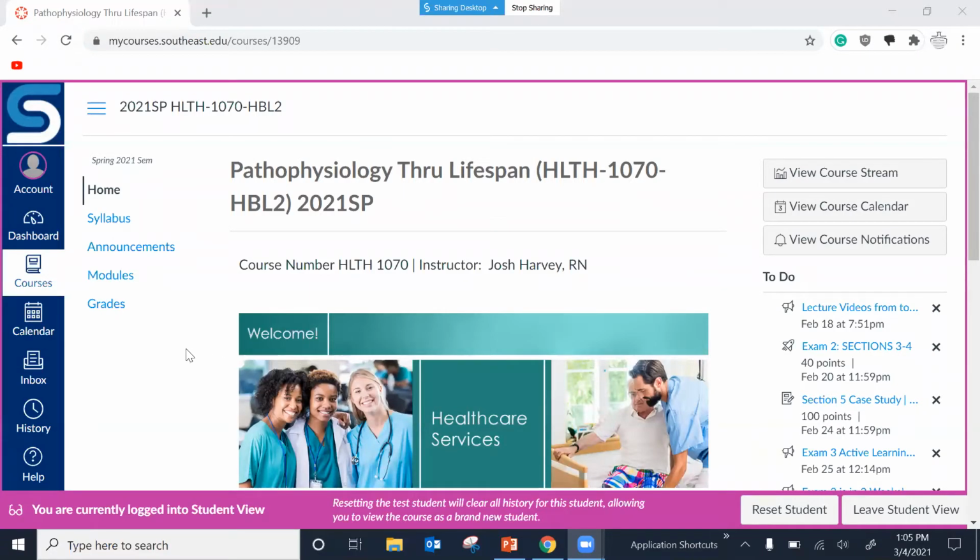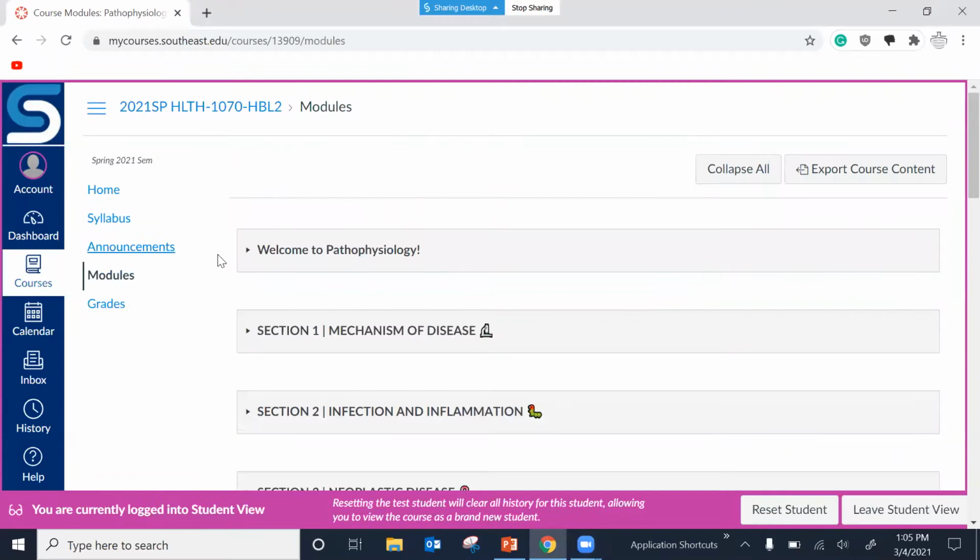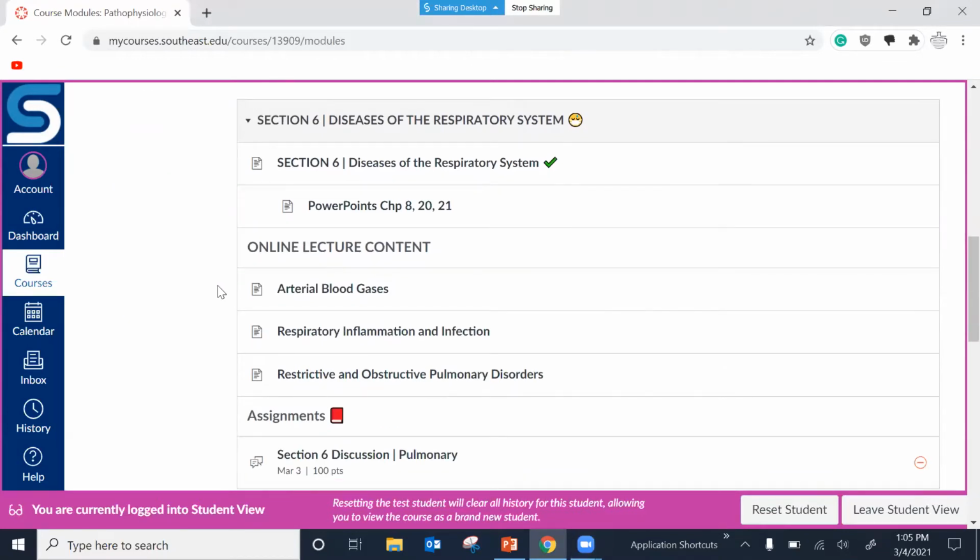I'm going to share my screen and we'll take a look at the Canvas course shell to just see where we are at. If I click under modules and scroll clear down, we're well into section 6.